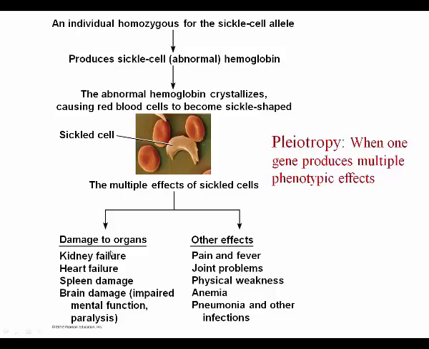There is all kinds of damage to organs, failure of different organs, and damage, brain damage, spleen damage, and it's all because of the presence of these sickled cells. That's multiple phenotypic effects, just because of the presence of one particular type of allele, that which produces sickle cell.